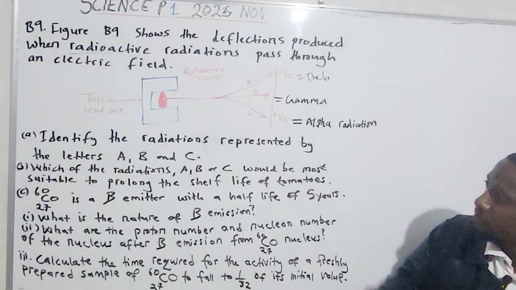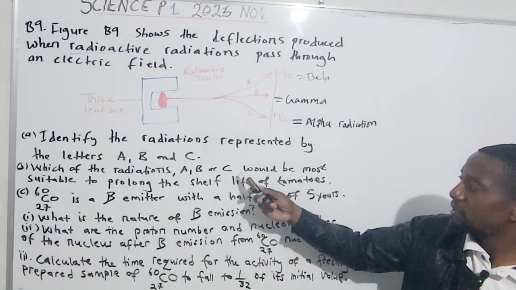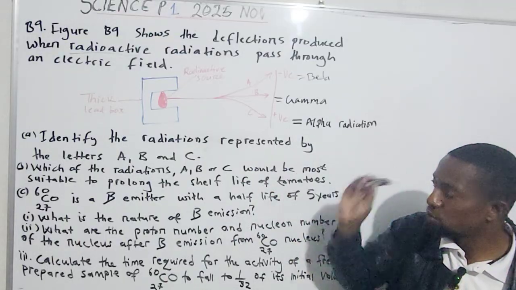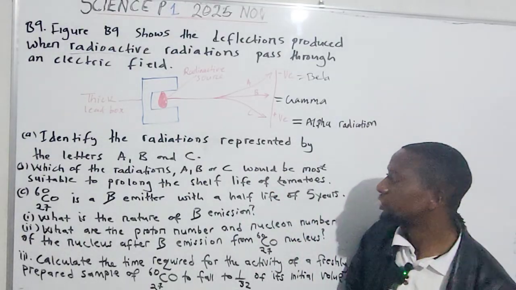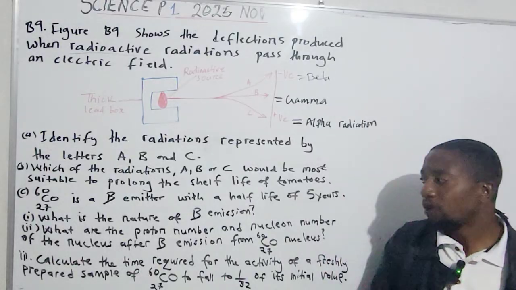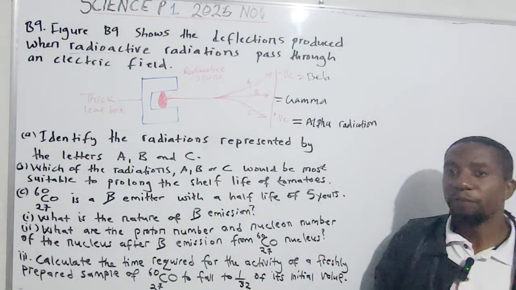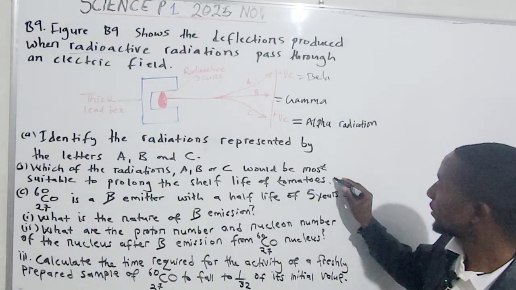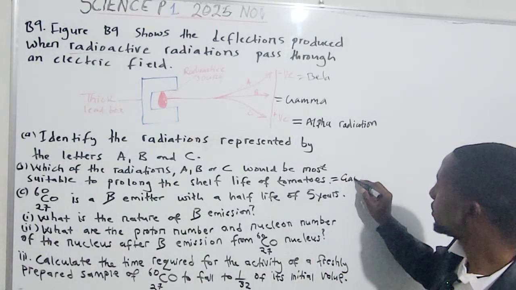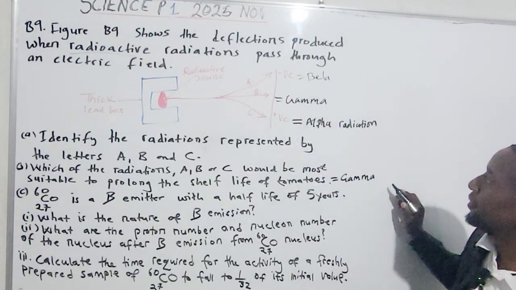All right, so let's proceed. Which of the radiations A, B, or C would be most suitable to prolong the shelf life of tomatoes? Okay, the one which can prolong the life of tomatoes here is the gamma. This is the gamma, or you say the B radiation.